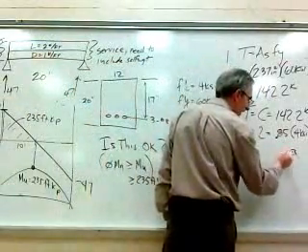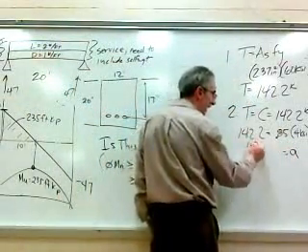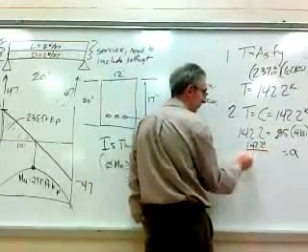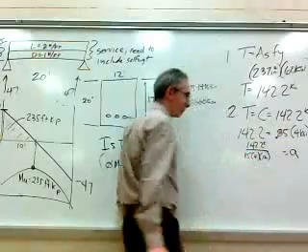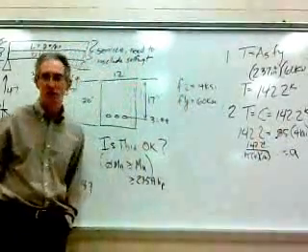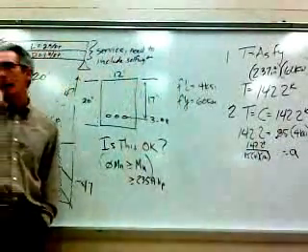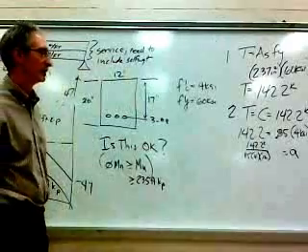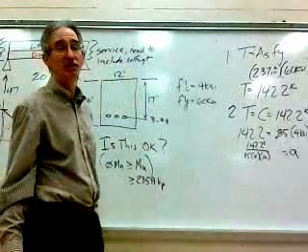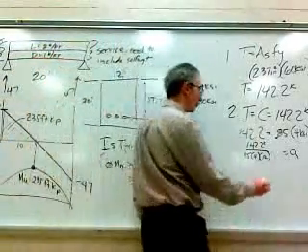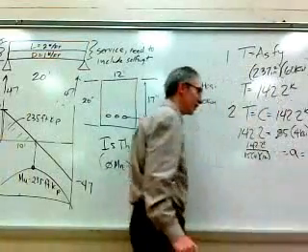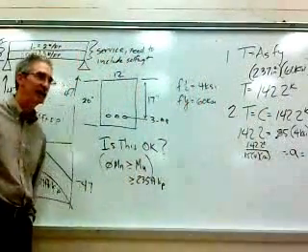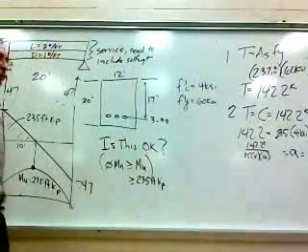I'm going to rearrange that and solve for a. When you do that, a comes out to be what? 3.49. So the depth of that rectangular block, that estimated block, is 3.49 inches.